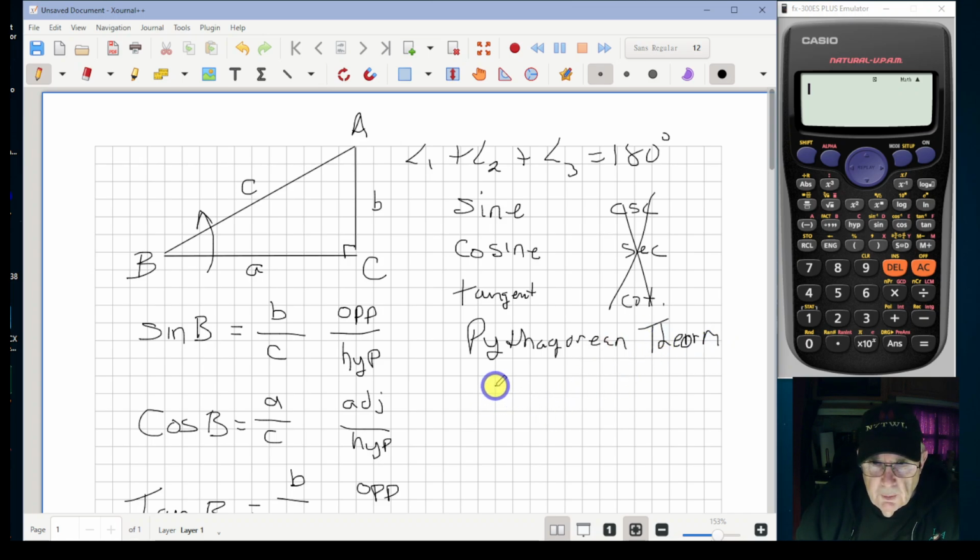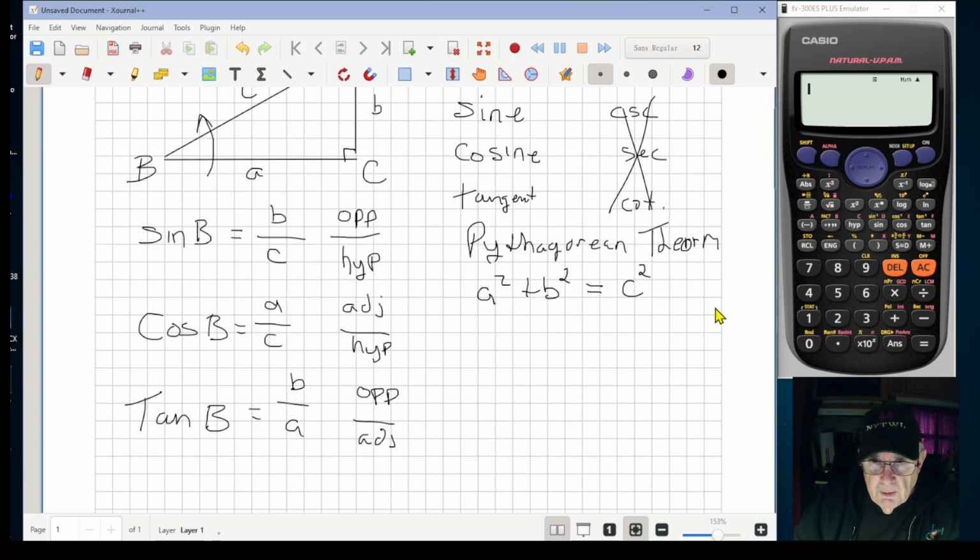It says that if we take the hypotenuse squared, that's backwards, let's go forwards. If we take the squares of the two sides, a squared plus b squared, that will equal the length of our hypotenuse squared. This is the Pythagorean theorem.